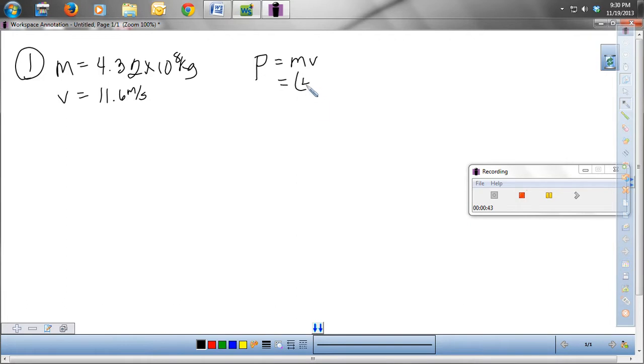My mass is 4.32 times 10 to the 8th kilograms, and my velocity is 11.6 meters per second. So the momentum of the slow-moving Titanic is 5.01 times 10 to the 9th kilogram meters per second.